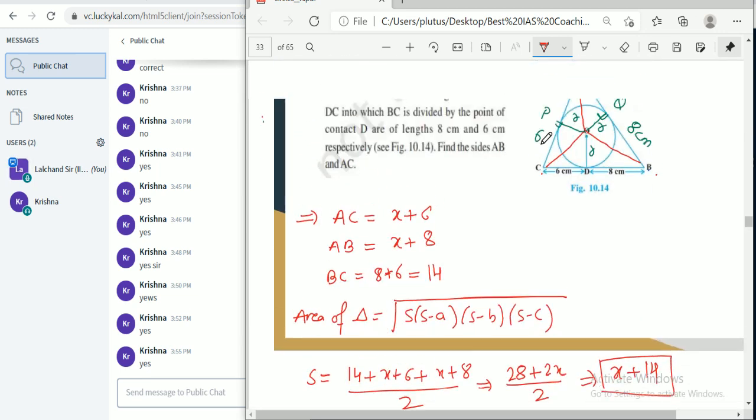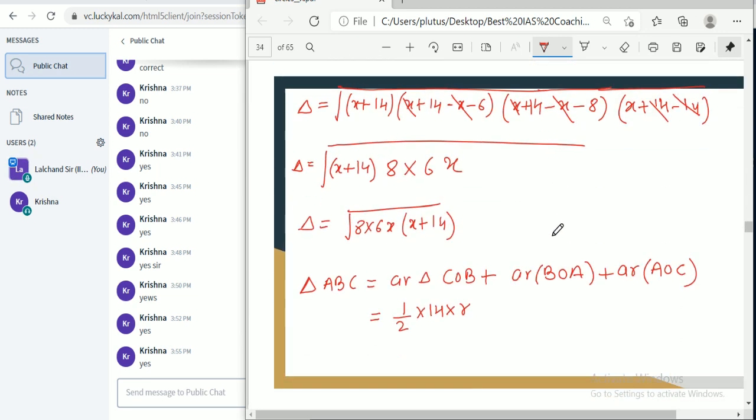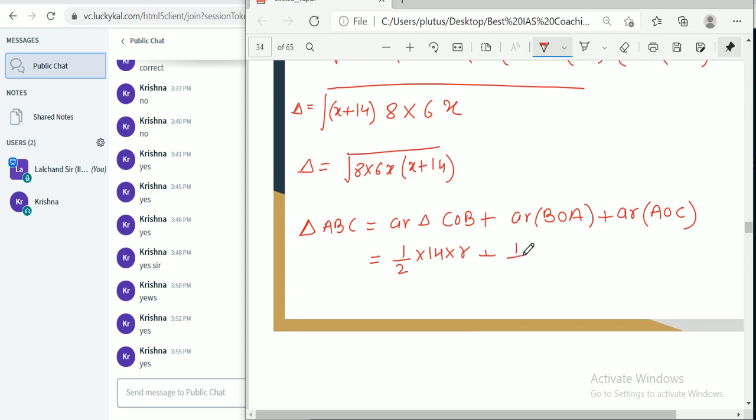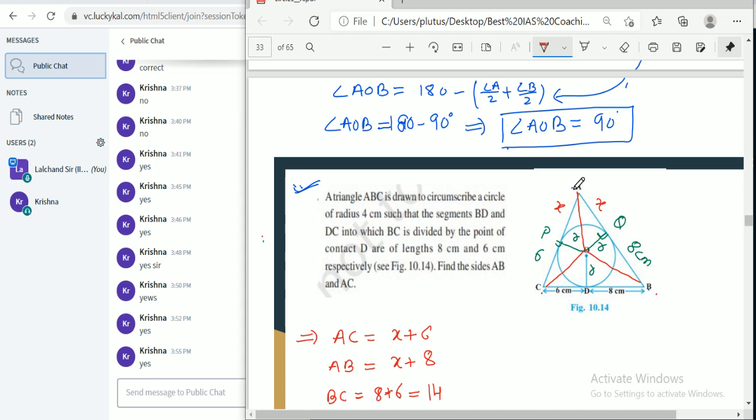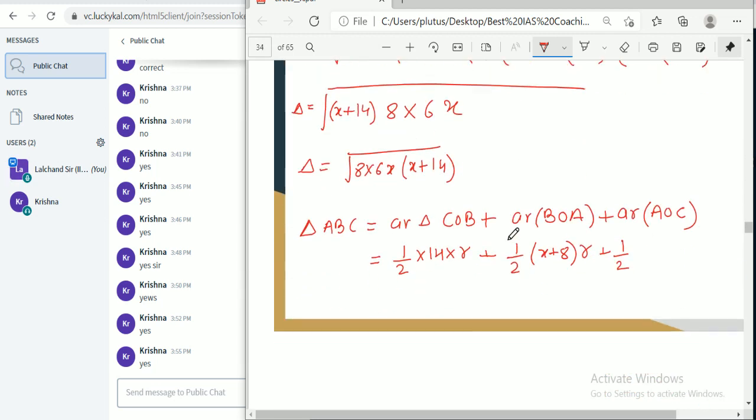Base is x plus 8 into r, with half. And the area of triangle AOC is equal to half of x plus 6 into r.